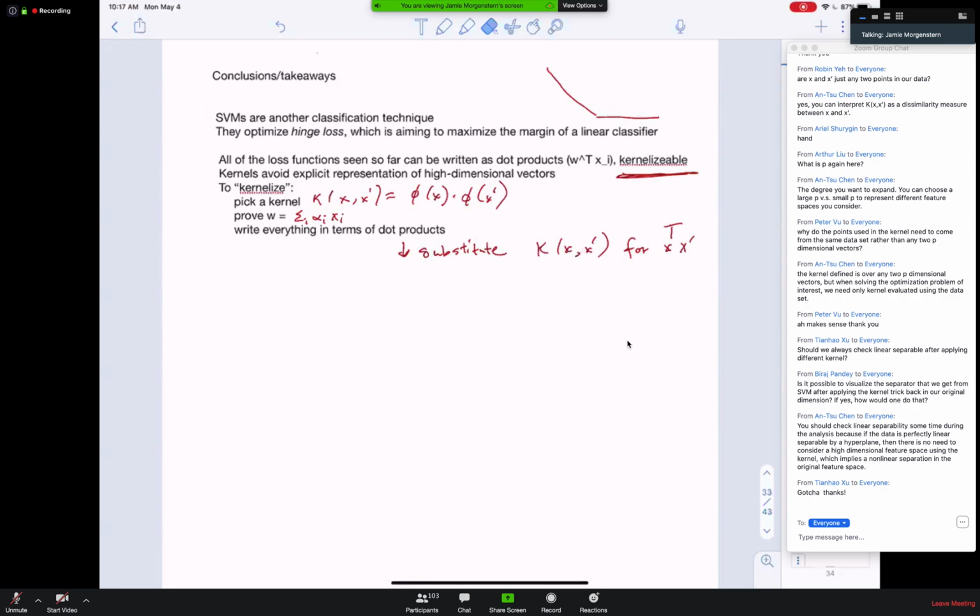And because I have one or two more minutes, I do want to say one more thing about support vector machines. As I mentioned at the beginning of lecture, this presentation of SVM is just saying: here's a loss function, in this case hinge loss.